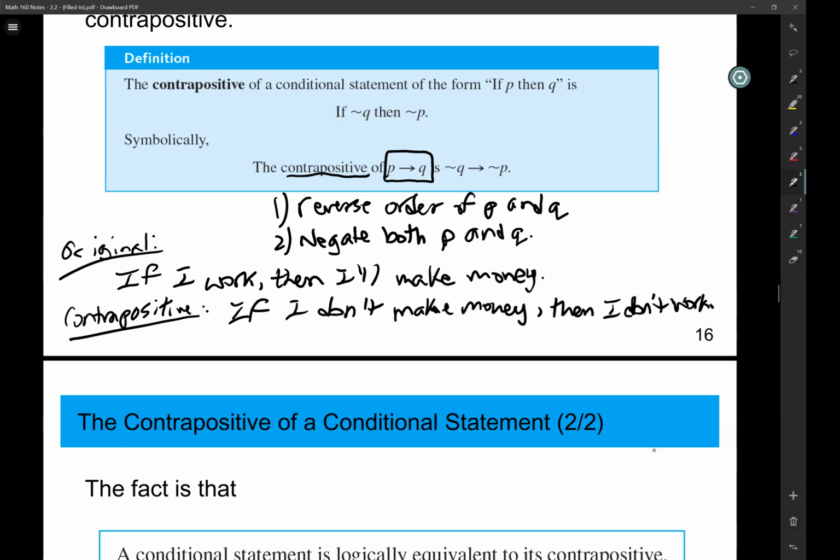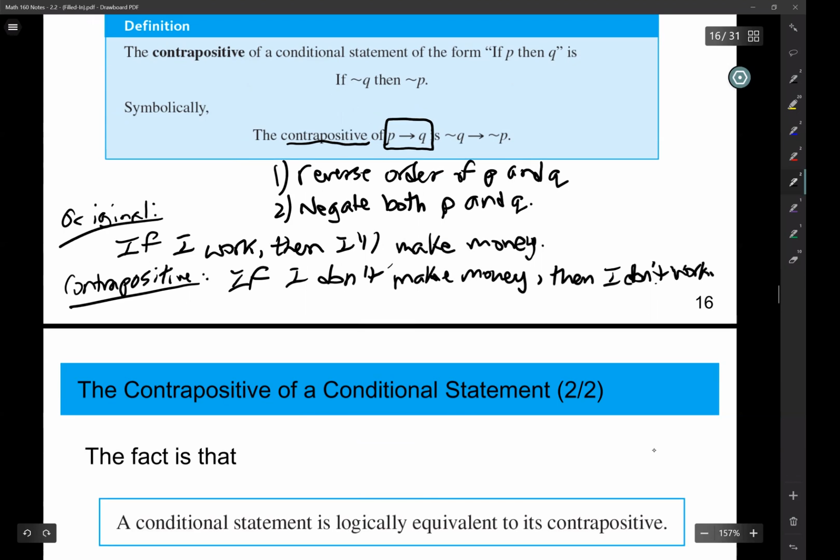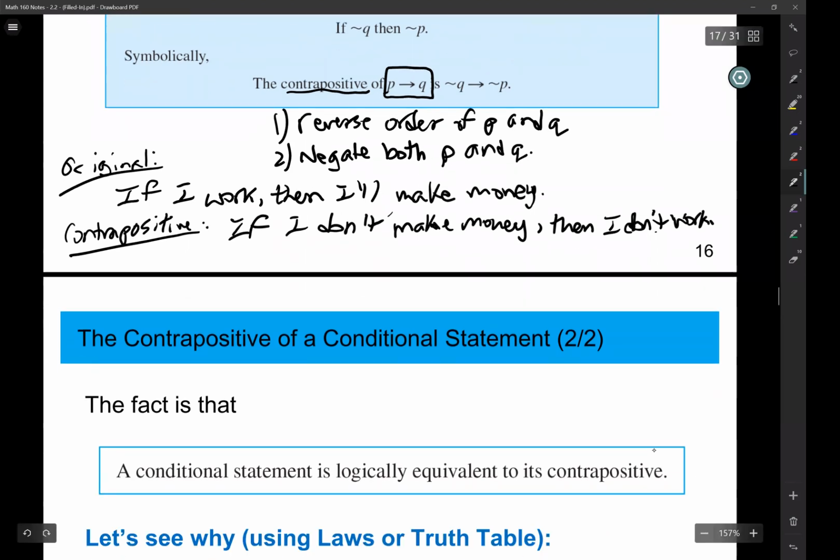Okay, I flipped it, so the make money became the hypothesis over here, but I negated it. So if I don't make money, and then the work became the conclusion over here, but I negated it. Okay. So again, P implies Q. The contrapositive means you flip it, you reverse the order, and you negate both. Okay. If not Q, then not P.